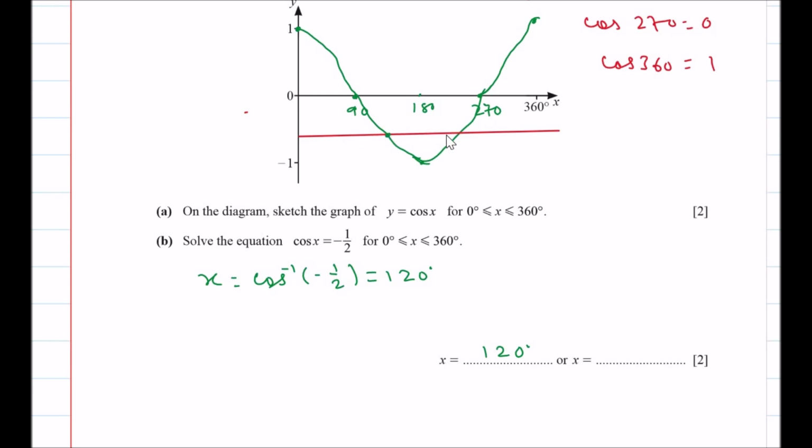This is one solution. This is the other solution. This point you got 120. If you notice here, 0 to 120 is the gap. So at 360, it will be the same distance. So we are coming back 120. So the answer here is 240 degrees. So 240 degrees is the other answer. This is for minus half, right? So minus half is at this point and at this point. So 120 degrees and 240 degrees.